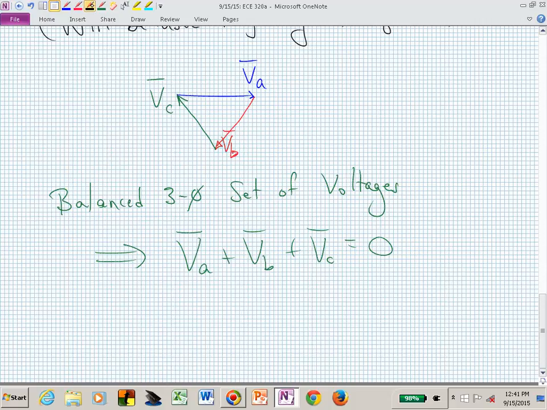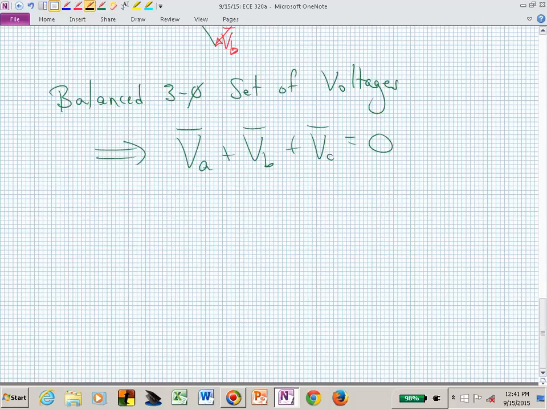What if we took that just a little bit further and I said, what about the instantaneous? Can you create the instantaneous A phase voltage given the phasor form, capital V sub A bar?